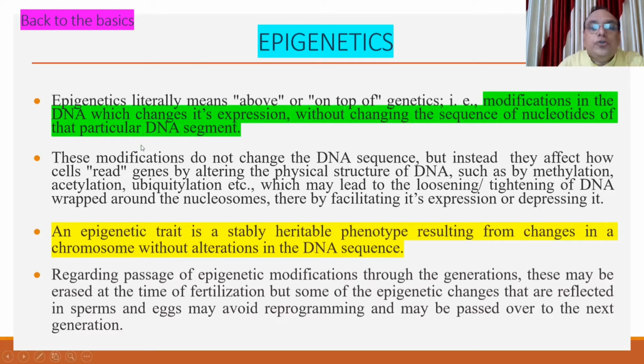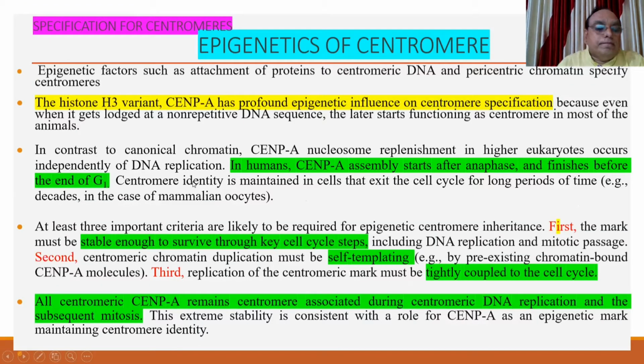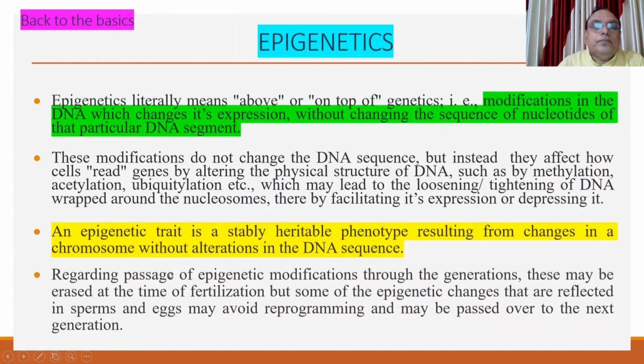These modifications do not change the DNA sequence, but instead they affect how cells read genes by altering the physical structure of DNA. So they change the reading pattern, such as methylation, acetylation, ubiquitination, etc., which may lead to loosening or tightening of the DNA wrap.